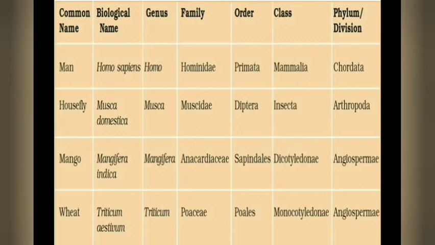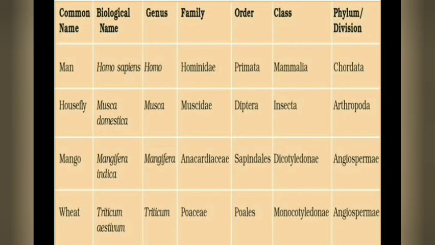First one is common name man, biological name Homo sapiens, genus Homo, family Hominidae, order Primata, class Mammalia, phylum Chordata. Second one housefly, Musca domestica is the biological name, genus Musca, family Muscidae, order Diptera, class Insecta, and phylum Arthropoda.